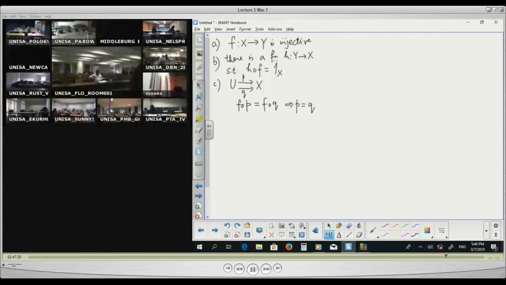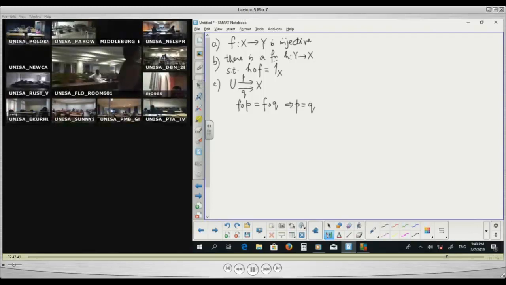I'm asking everyone. Can you see that B implies C is immediate? Why? What is B giving you?